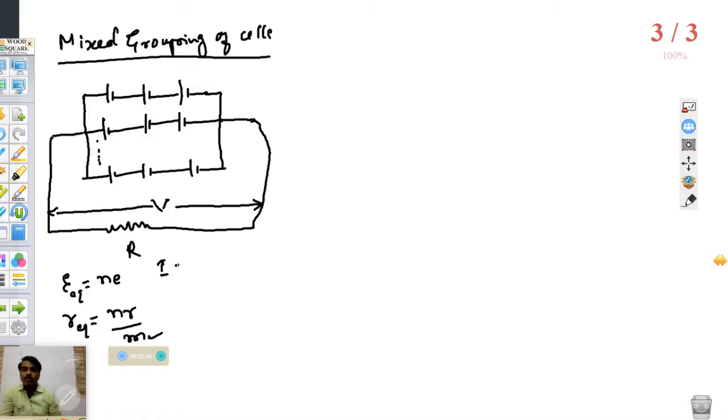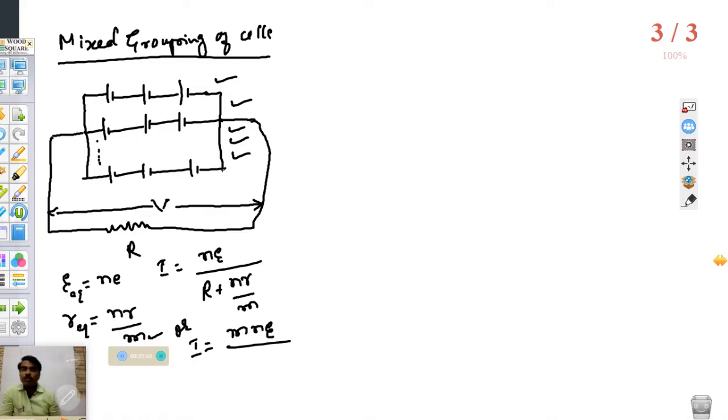I equals, okay, so N times E divided by external resistance plus N times R divided by M, or even we can write I equals M rows of N times E, because in each row we have first row, second row, third row, fourth row, fifth row, M number of rows we have taken, which is a series combination of the cells.